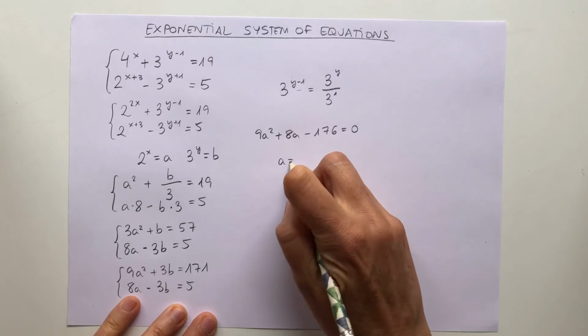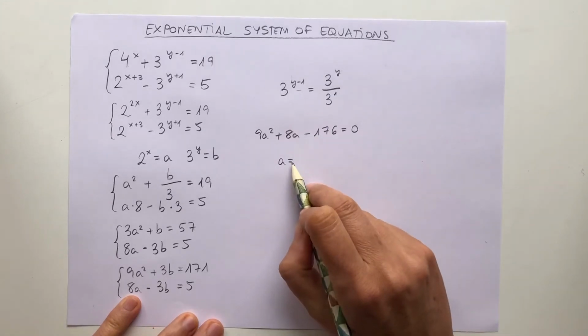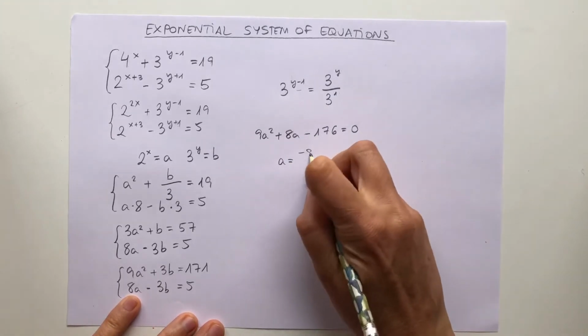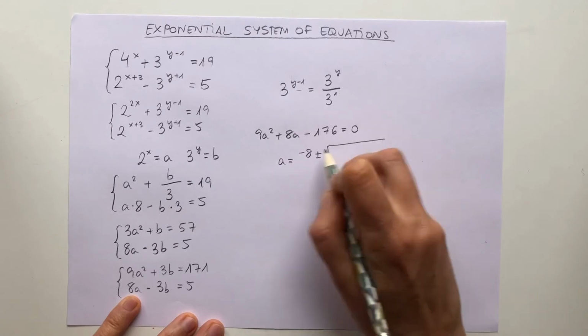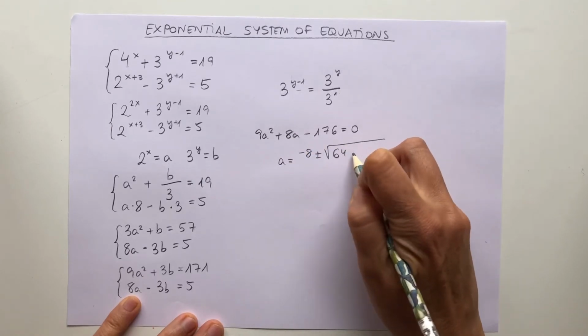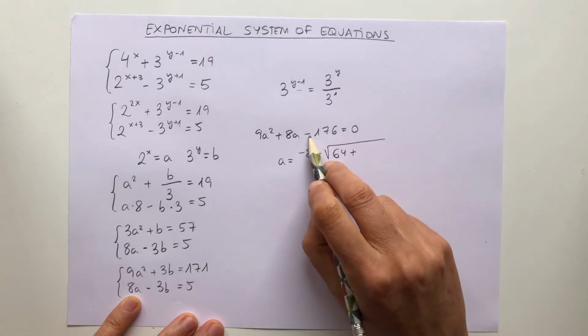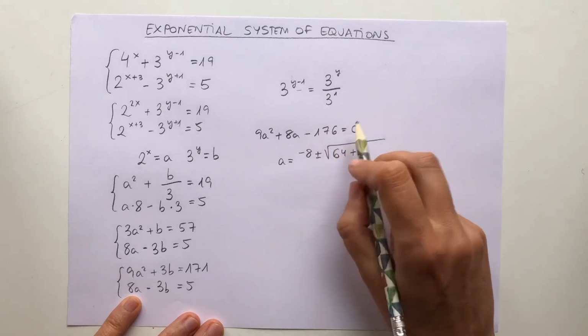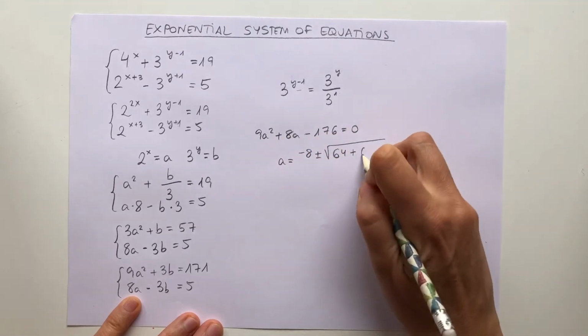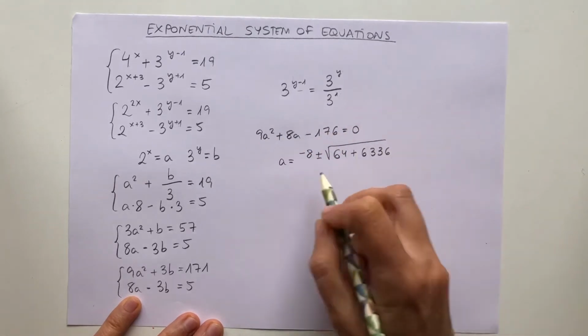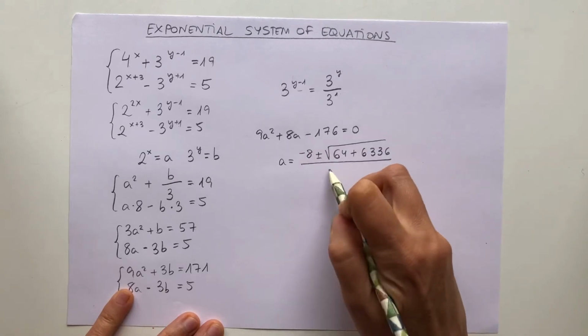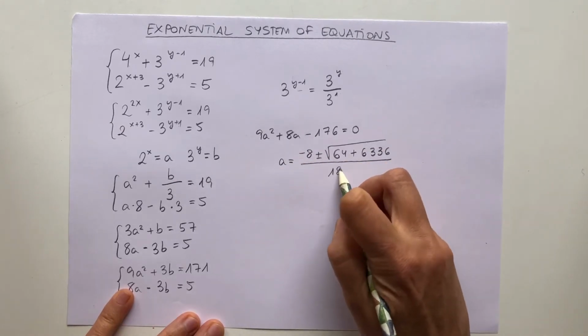So a with b, we have to use the second degree equation formula. Minus b, minus 8, plus or minus the square root of b squared, that is 64, minus 4ac, so it would be positive because a negative times a negative is a positive, and if we multiply this and 4, we would obtain this. Over 18, that is 2a.